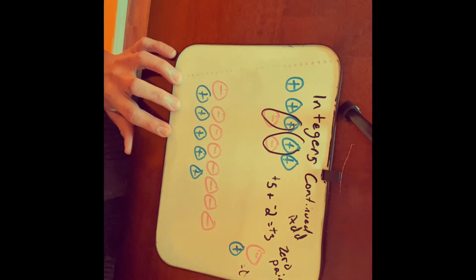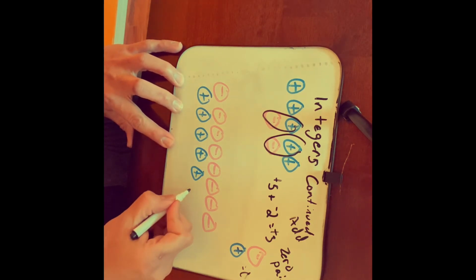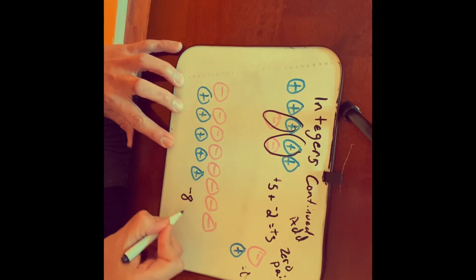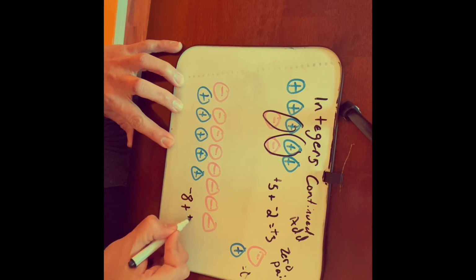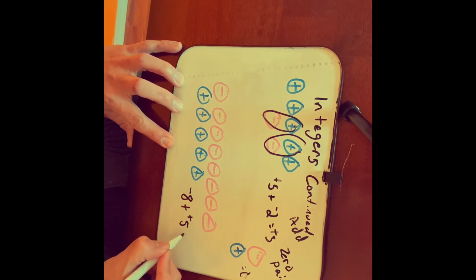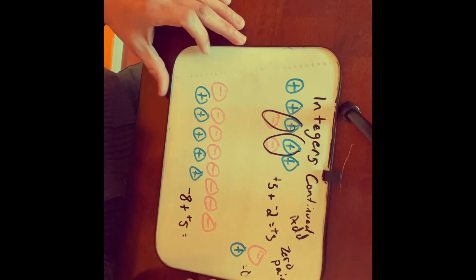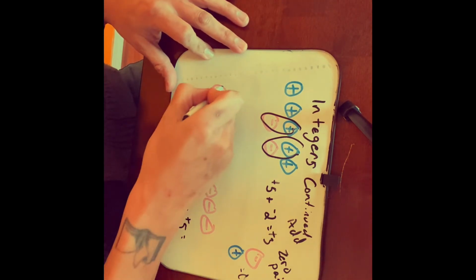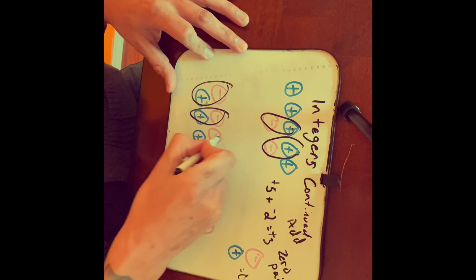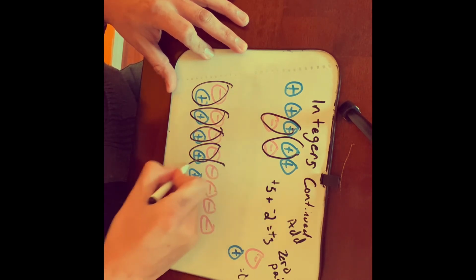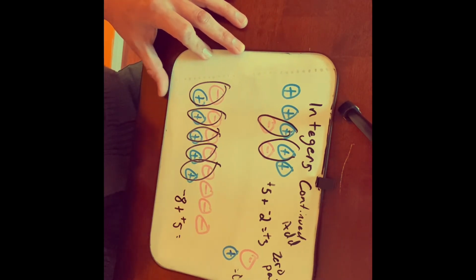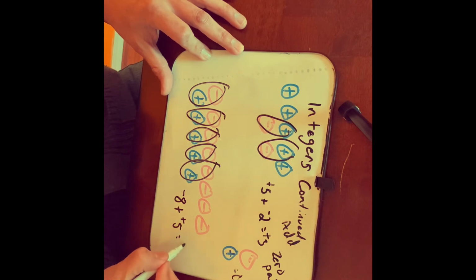So we can write it like this: -8 plus +5. Again, looking at zero pairs, how many do we have? Well, there's 1, 2, 3, 4, 5 zero pairs. So what are we left with? Well, we're left with -3.